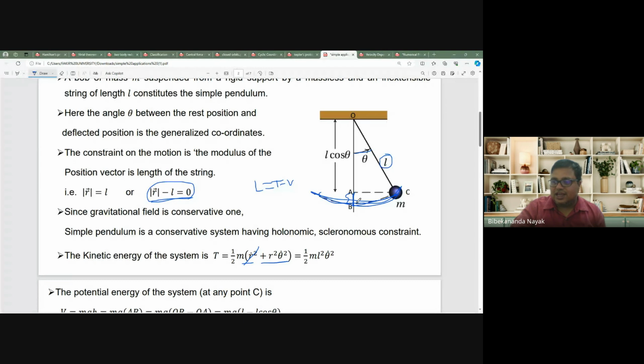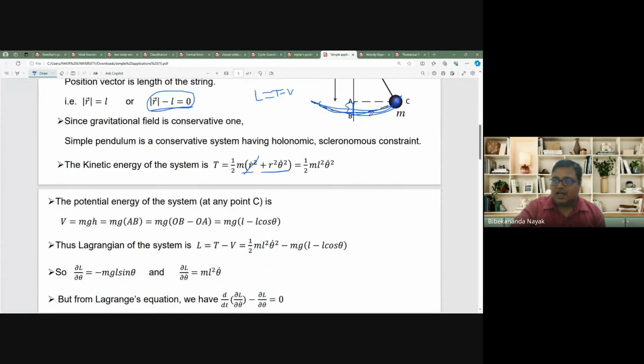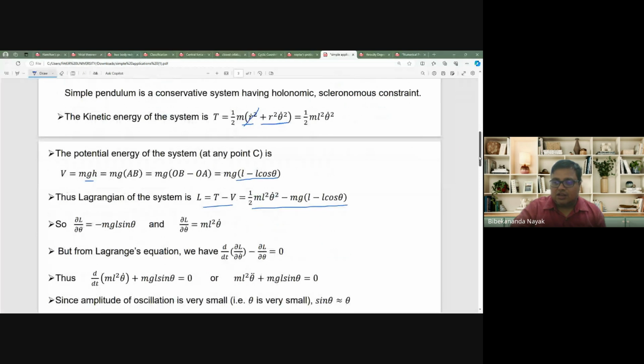OB is L, so AB is equal to L minus L cos theta. So the vertical height is L minus L cos theta, which is covered by the simple pendulum coming from C to B. So potential energy mgh, where h is AB, is equal to mg times L minus L cos theta. So the Lagrangian becomes T minus V: half m L square theta dot square minus mg times L minus L cos theta.